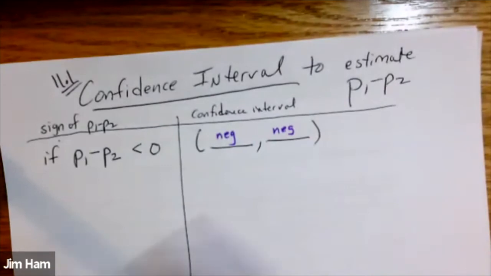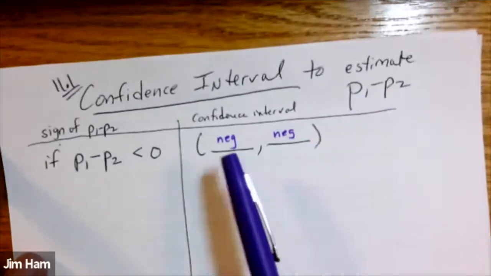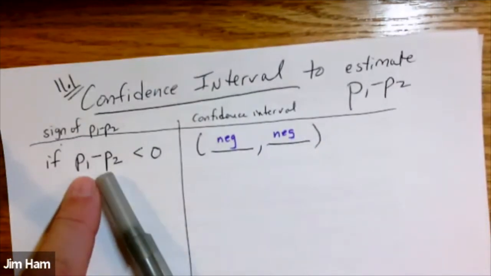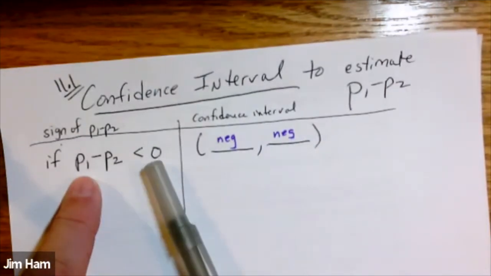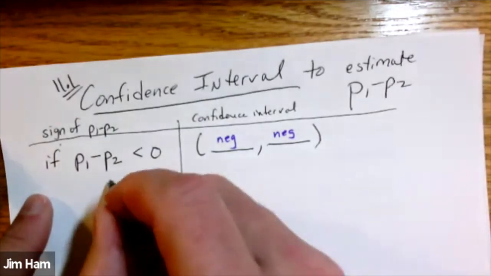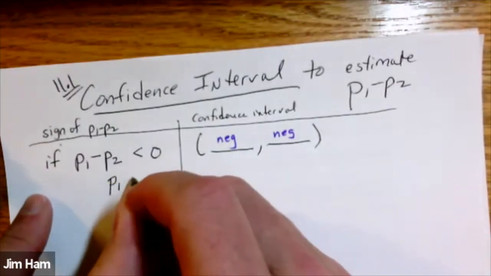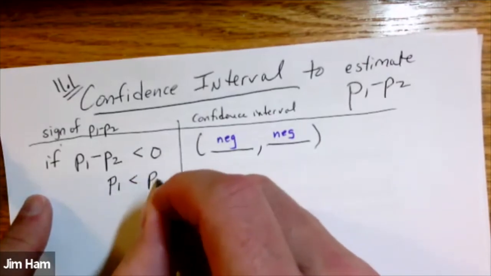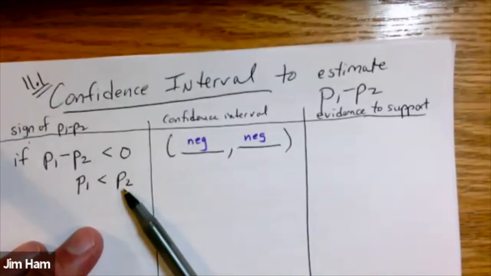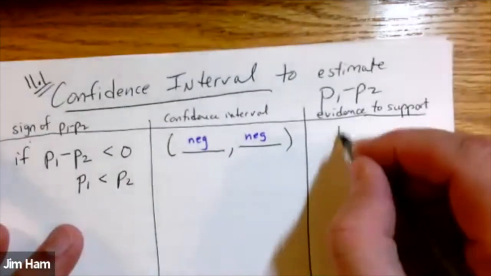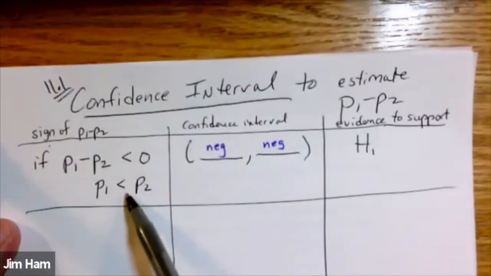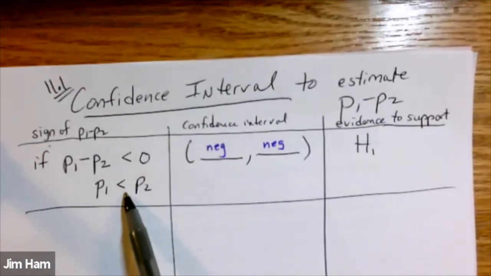And if you're going to estimate P1 minus P2 and you get a negative and a negative, that's going to be evidence that P1 minus P2 is less than 0. And if P1 minus P2 is less than 0, then if you add P2 to both sides algebraically, you get P1 is less than P2. And if we find that P1 is less than P2, then that's going to give you evidence to support the alternative hypothesis, because only the alternative hypothesis would contain the less than.